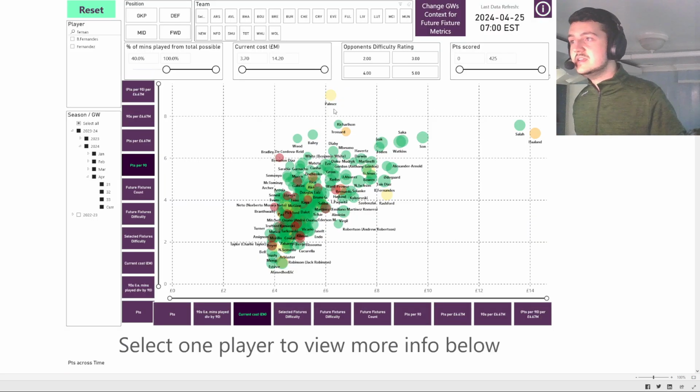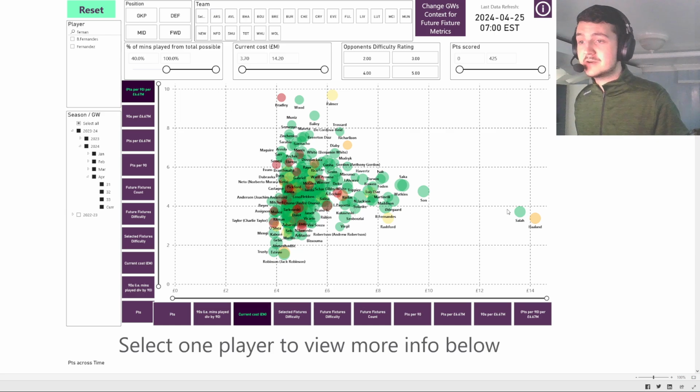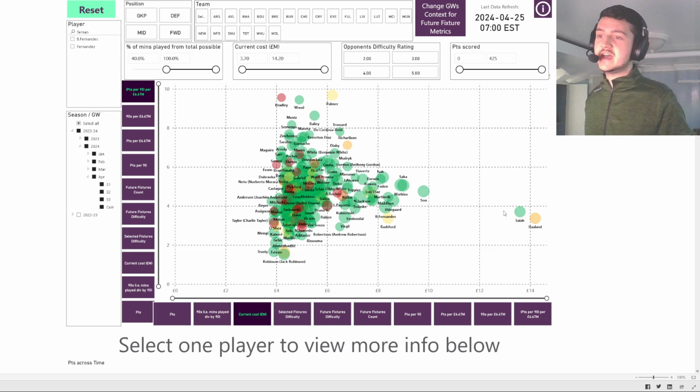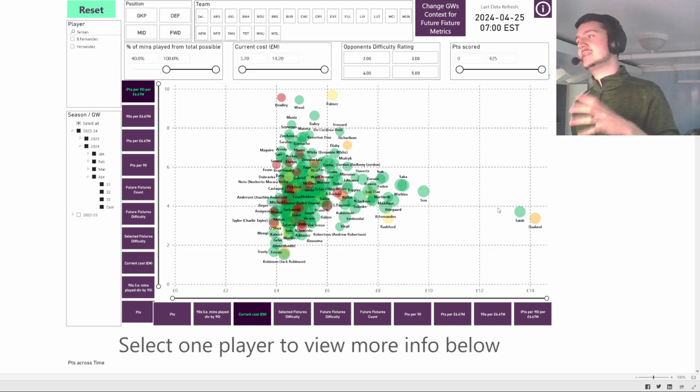And what you're going to see is that although Palmer is the leader here right now in points per 90, when we increase the statistic to points per 90 per 6.67 million, Palmer's going to excel even more because he's so much cheaper. So in comparison to someone like Salah and Haaland, they lost a lot of their points per 90 because they're very expensive players.